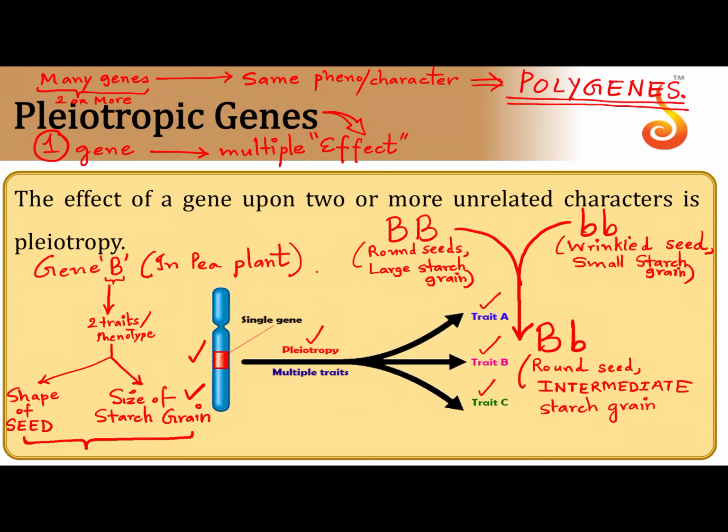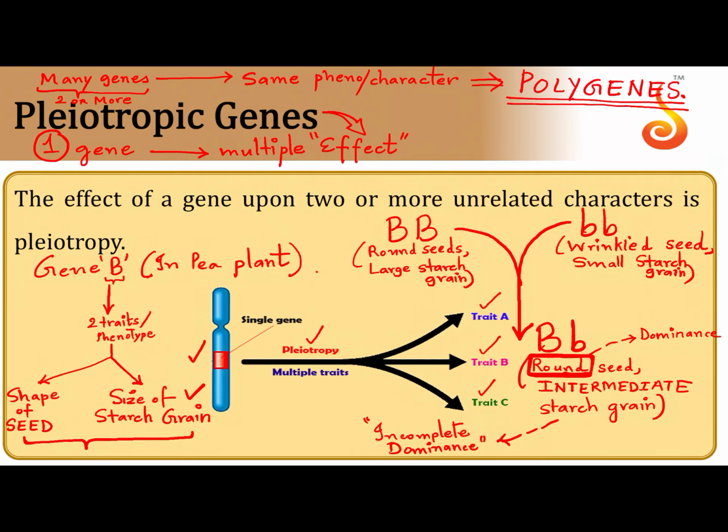The seed is round, so when it comes to the shape, we are seeing a clear dominance, because round is expressing over wrinkled. But when we come to the size of the starch grain, we are seeing incomplete dominance. Incomplete dominance in the sense that intermediate means it is neither large nor small. It is somewhere in between the two. So it actually has intermediate starch grain, and the shape happens to be round.